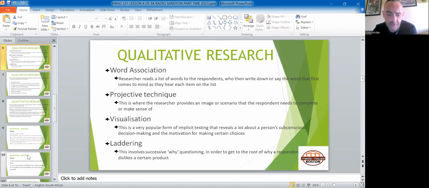Okay, projective techniques. This is where the researcher provides an image or a scenario that the respondent needs to complete or make sense of. So we have an outside broadcast, like we're discussing in the assignment.